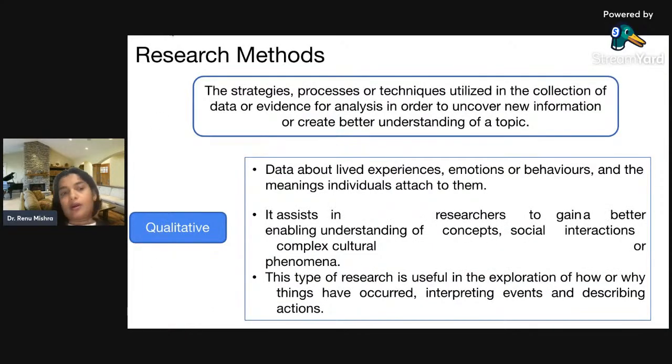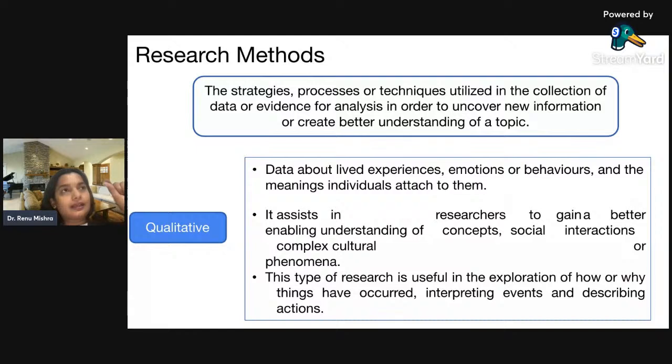Now, after understanding research, we know that research is investigation. Now let's talk about research methods. Let's say you are constructing a house. The tools with which that house will be made are the research methods.